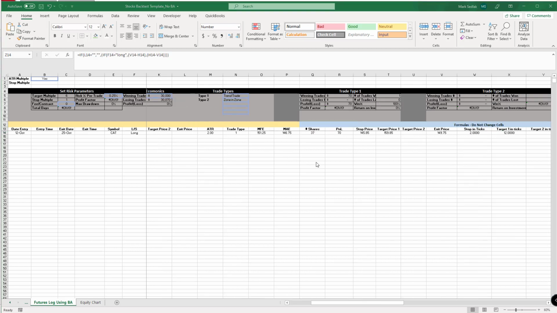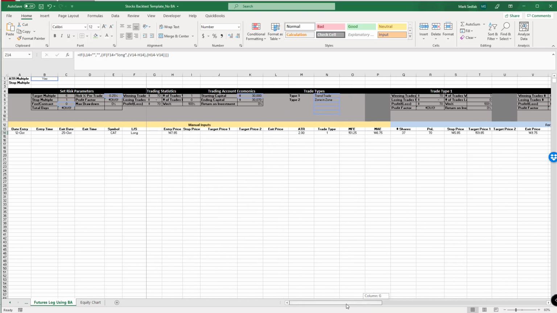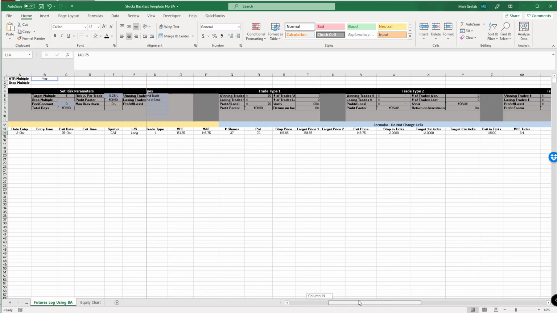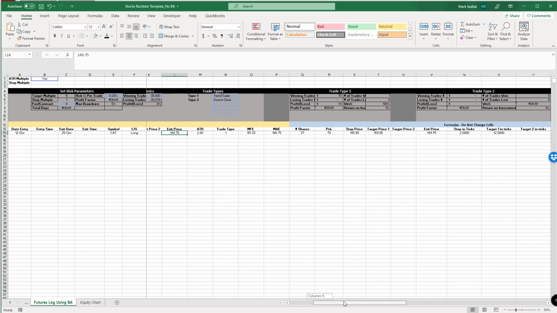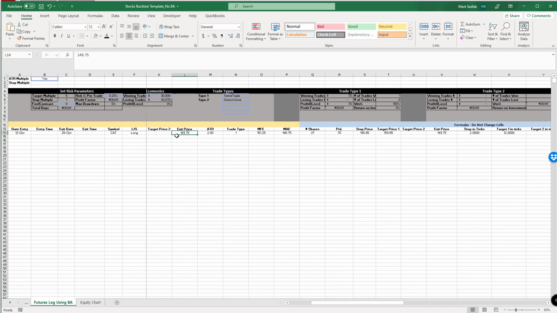Now there may be instances where you exit prior to the target being hit or the stop being hit. Now, I don't know why you would do that, but let's just say that you do. So in that case, what you're going to do is put an exit price inside of this cell, and then that's going to calculate your profit and loss. So you can see our exit price in this case is 149.75.